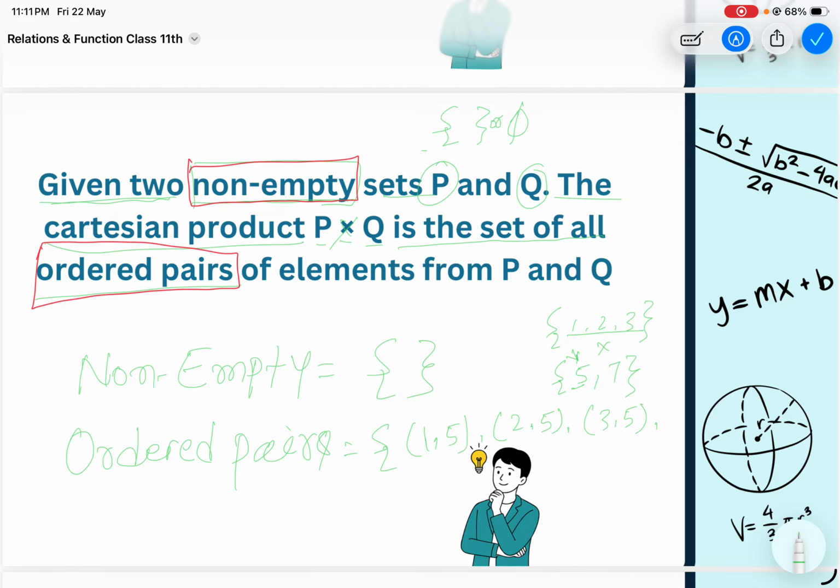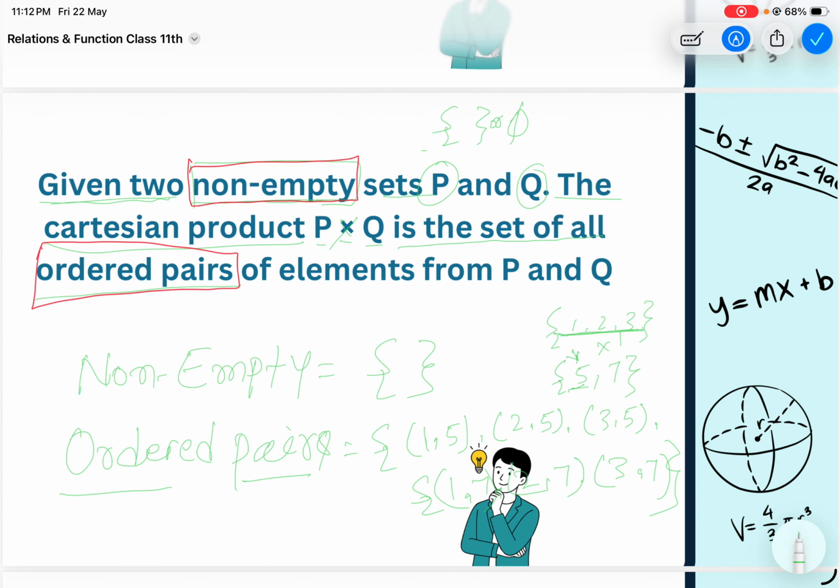We have taken all the pairs of 1, 2, 3 with 5. Now we will take all the pairs of 1, 2, 3 with 7, so it will be 1 comma 7, 2 comma 7 in ordered pairs, and 3 comma 7, right?